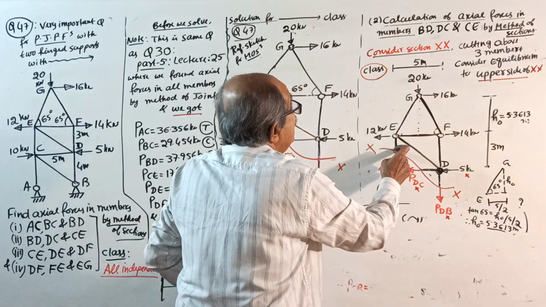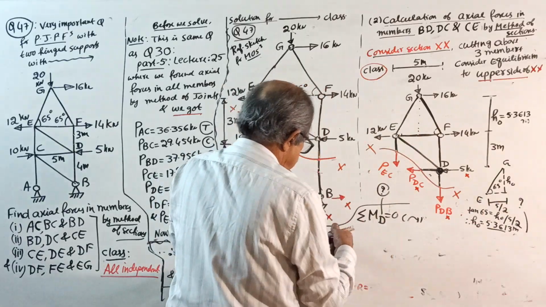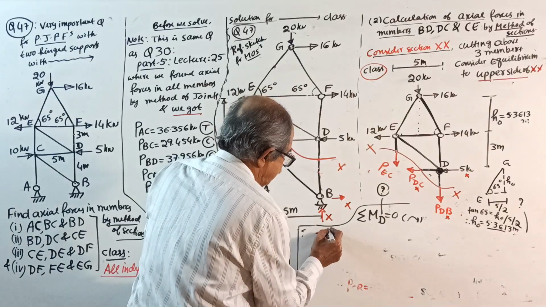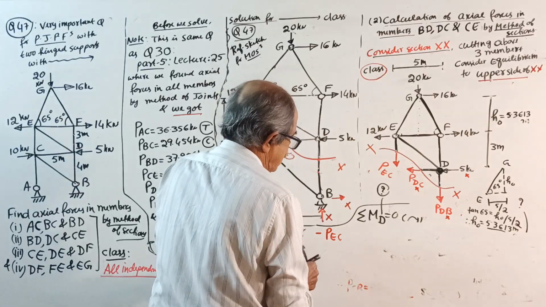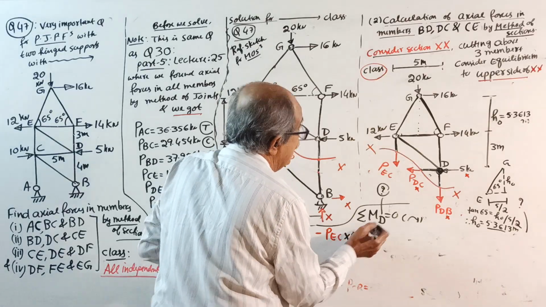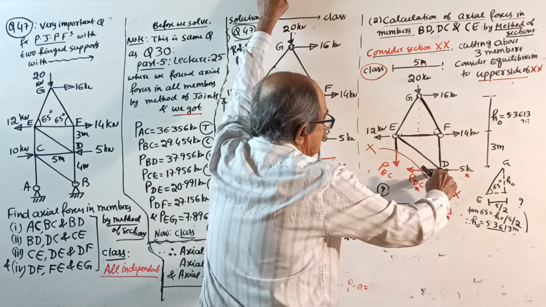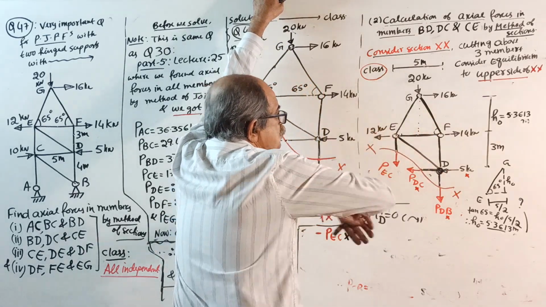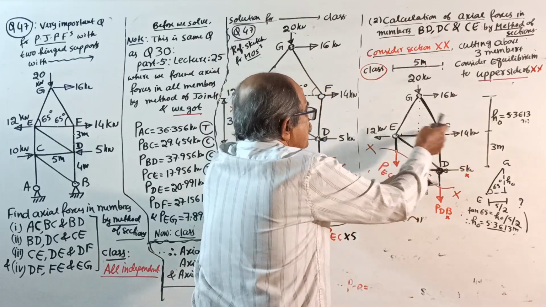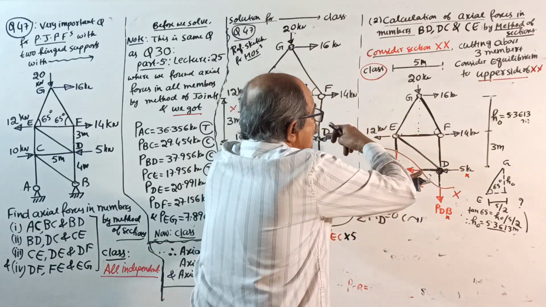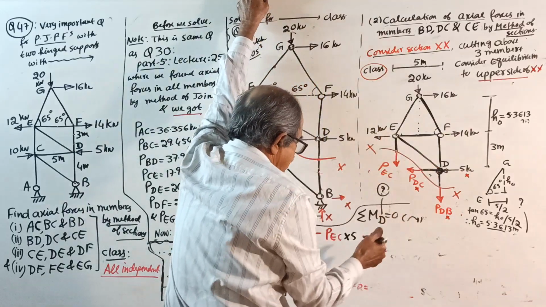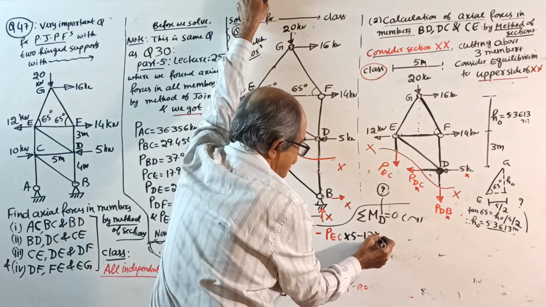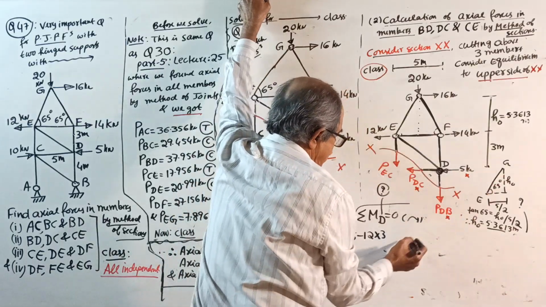Minus P_EC into 5. Force is unknown, multiplied by 5. Then minus 12 and 14, for both of them into 3. But 12 is minus 12 into 3, and plus 14 into 3.